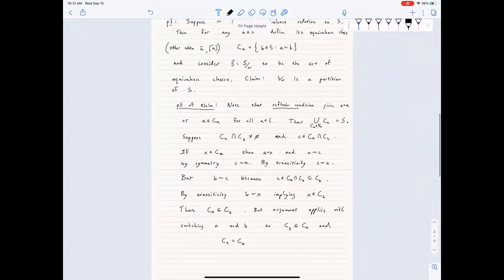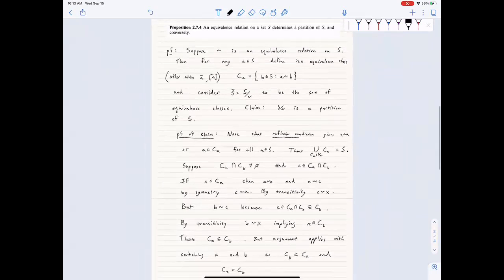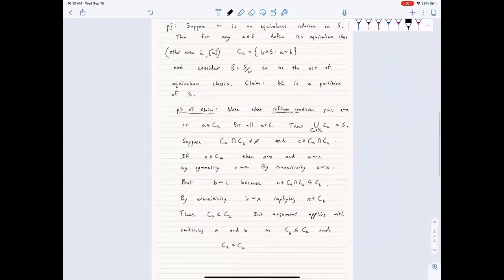Okay, so what have we done? Now we're done. We've proven the two things about a partition we need to prove, namely that it's a collection of disjoint non-empty sets. Each one of these is non-empty because of the reflexive condition: if I have something that looks like C_A, A must be in it.